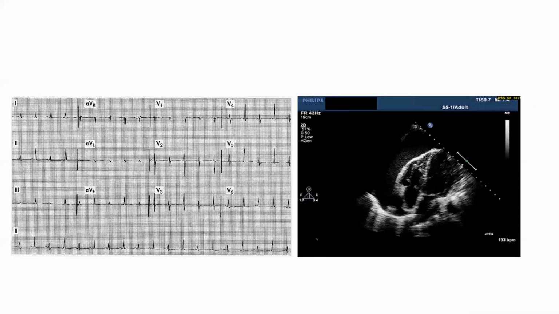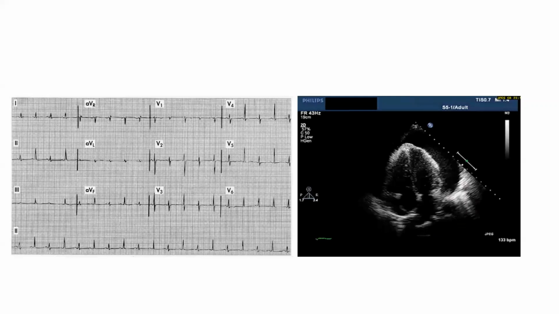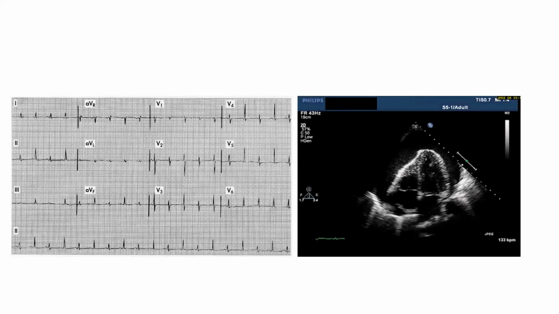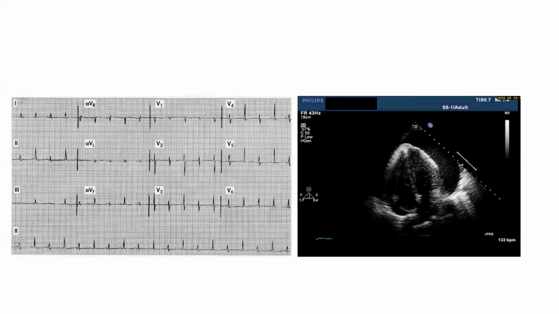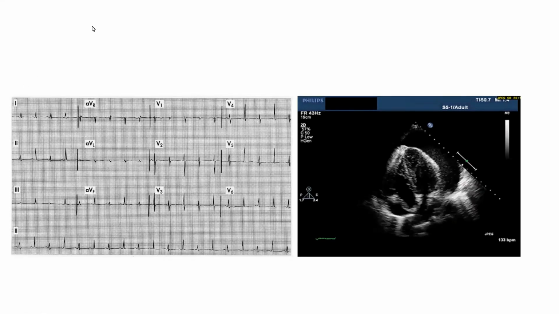Good. I will rephrase the question. What's the most common ECG feature of tamponade? I don't know what is the most common, but I think that electrical alternans is not one of the features of cardiac tamponade.